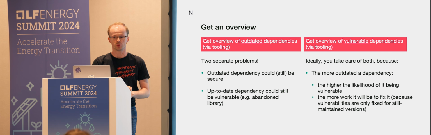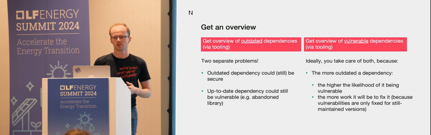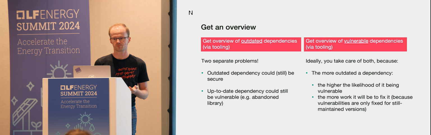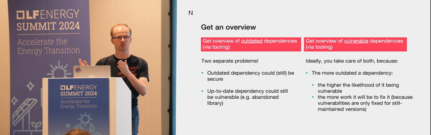So what you would ideally do, if you can, is to take care of both. And the reason is there is a connection between outdated dependencies and vulnerable ones, in the sense that the more outdated one dependency is, the higher the chance will be that it also becomes vulnerable, and also the more work I have to invest to fix it.